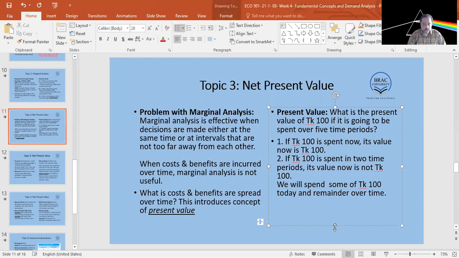Just like I said, if we spend the 1000 taka note right now, it will be 1000 taka. But if we are going to spend it over a number of periods, then it's no longer worth 100 or 1000. We will spend some of taka 100 today and the remainder over time. So a 100 taka note or 1000 taka note cannot be worth its face value if we are doing like this.